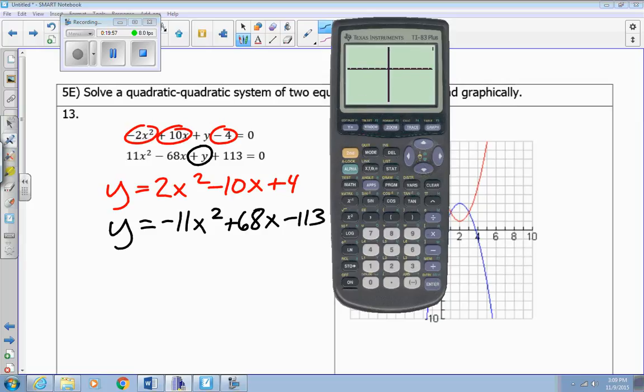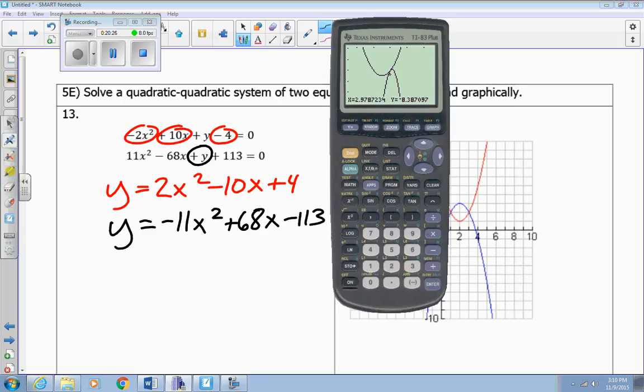Probably should have zoomed in. Let's zoom in. I zoomed in, and I only see one intersection.